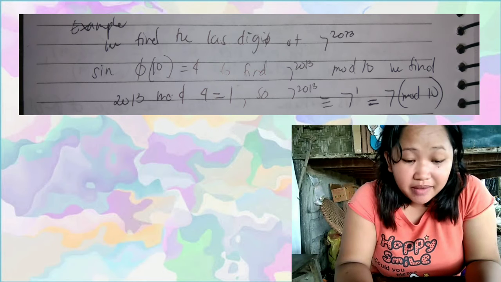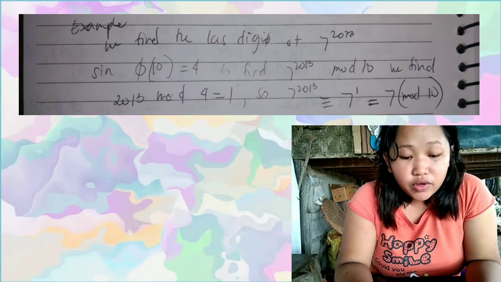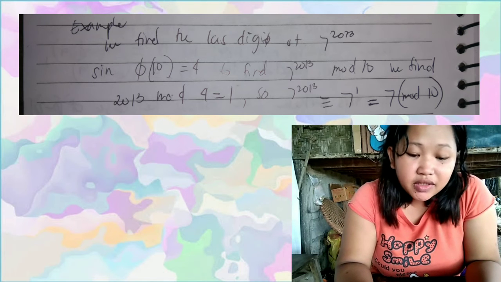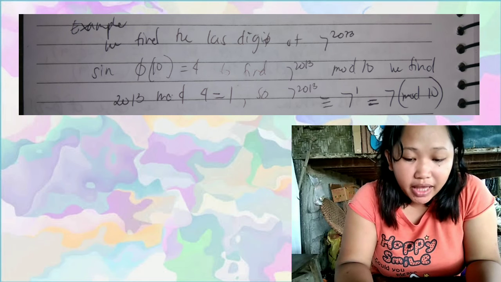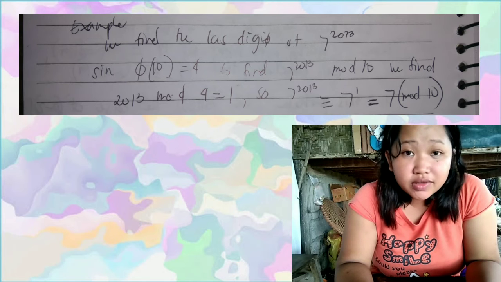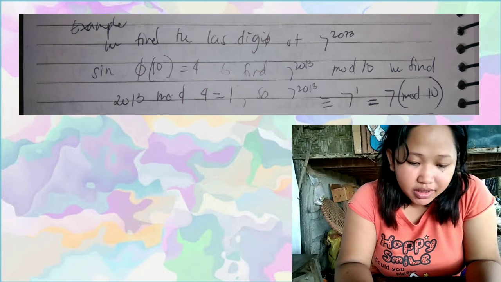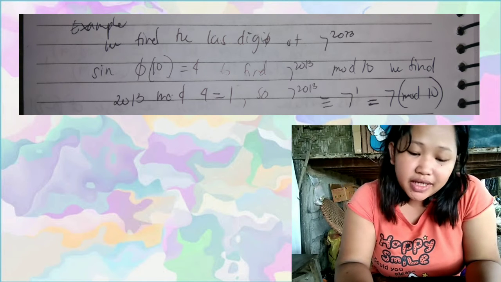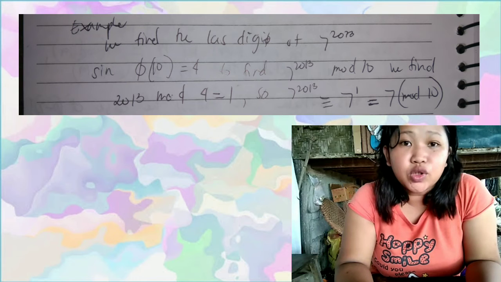Since phi of 10 is equal to 4, to find 7 raised to 2013 modulo 10, we find 2013 modulo 4, which is equal to 1. So 7 raised to 2013 is congruent to 7 raised to 1, which is equal to 7 modulo 10.